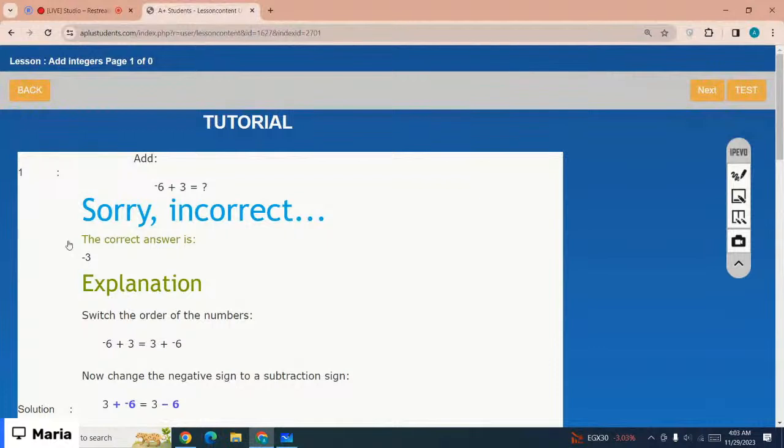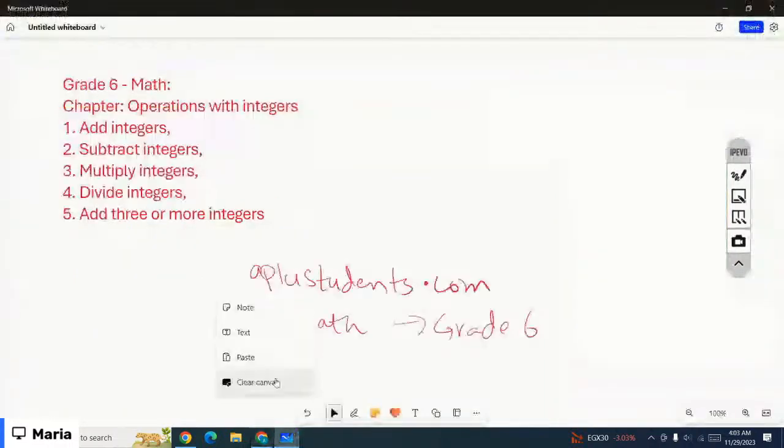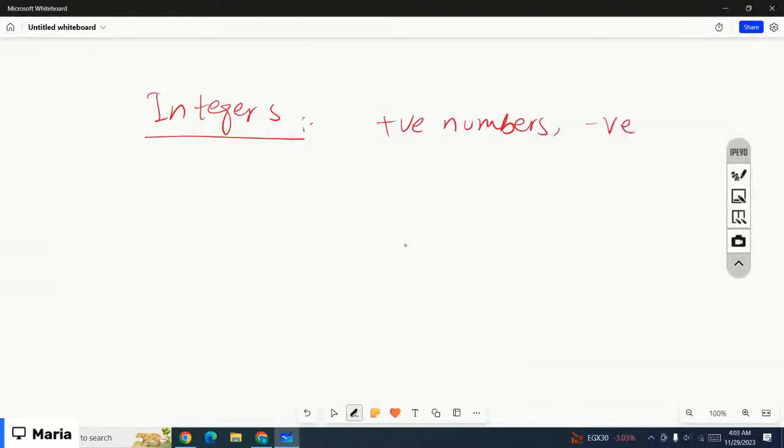Basically, first just see what are the integers. Integers are the numbers with negative and positive signs, right? They include positive numbers, negative numbers, and 0.